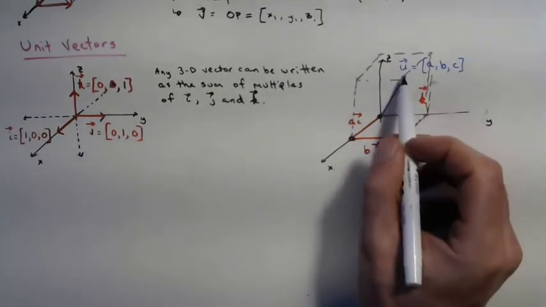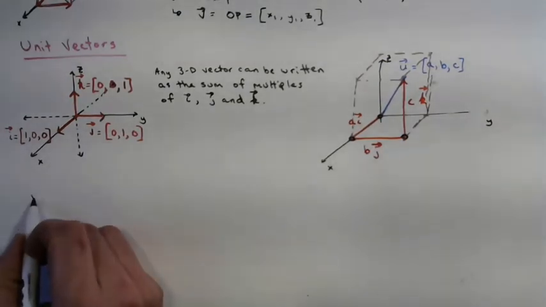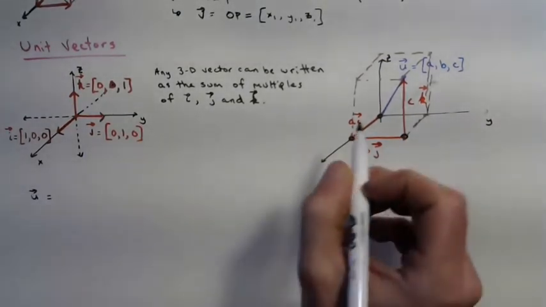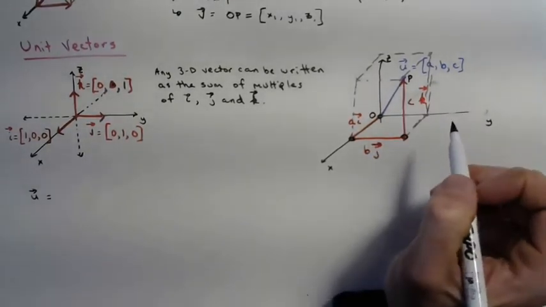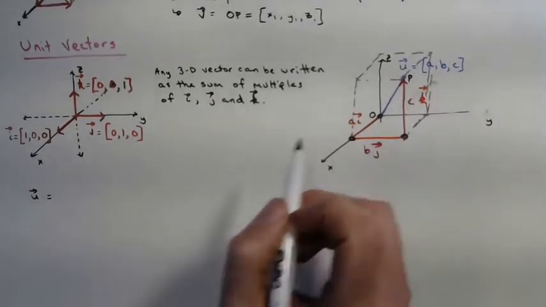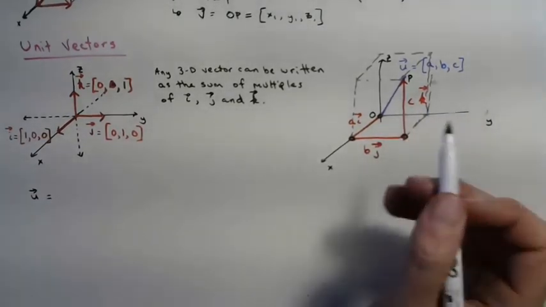And that will give you vector u. So what does that look like? Vector u here is the line segment from O to P, okay? And you can name this point whatever you want. Sometimes it'll be named S, but P is the most common.